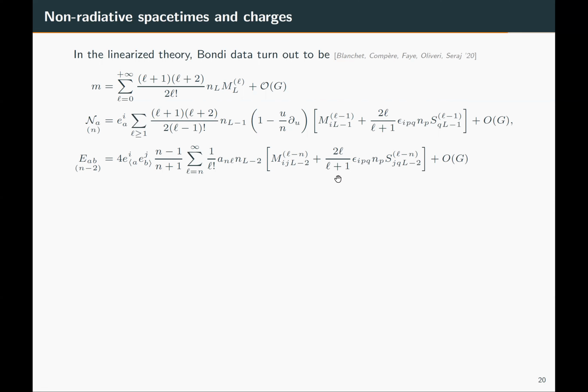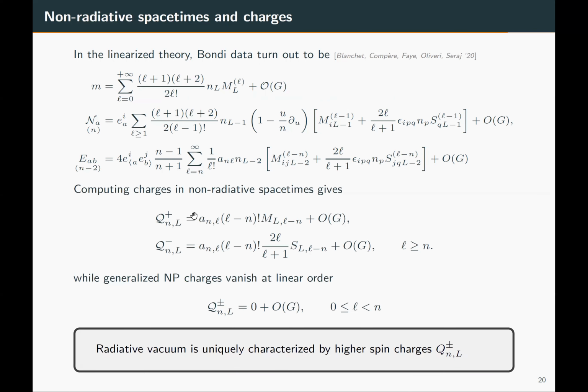These quantities are given in terms of multipole moments in this way at linear order. Now you can compute the higher spin charges, and you find that in non-radiative spacetimes, Q_NL reproduces, up to numeric factors, exactly those quantities that parameterize a radiative vacuum.